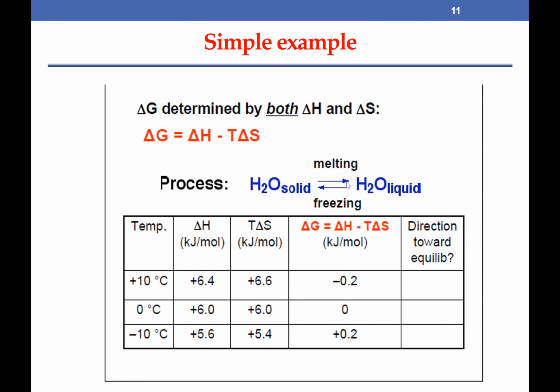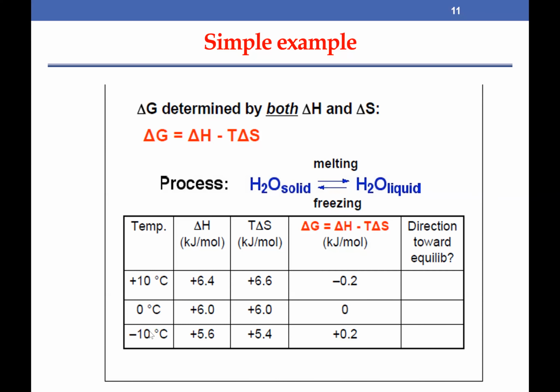Equilibrium means the forward reaction is happening at the same rate as the backward reaction. Okay, so the rate at which the ice is melting is the same rate at which water is freezing. So looking at it from a broad perspective, you don't see any change happening. That's what equilibrium is, right?